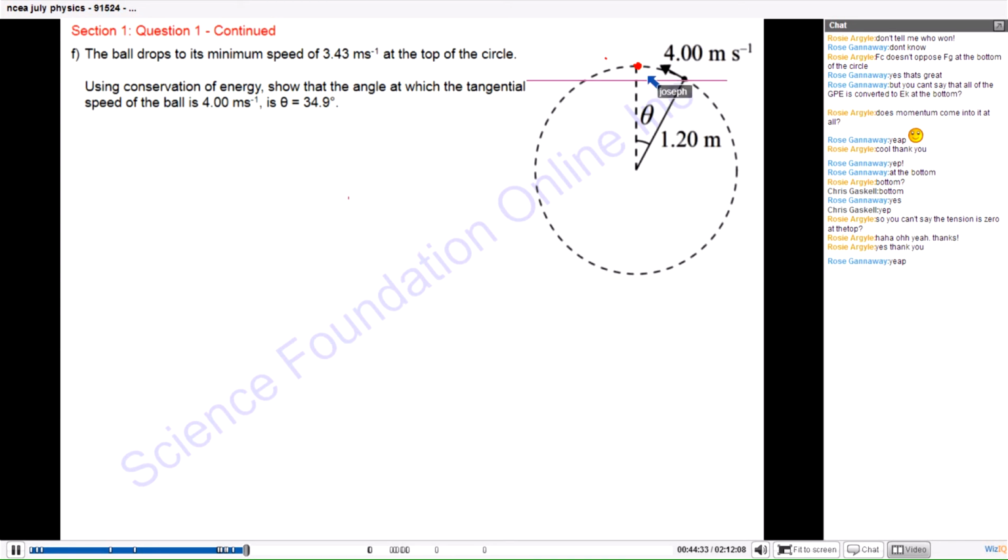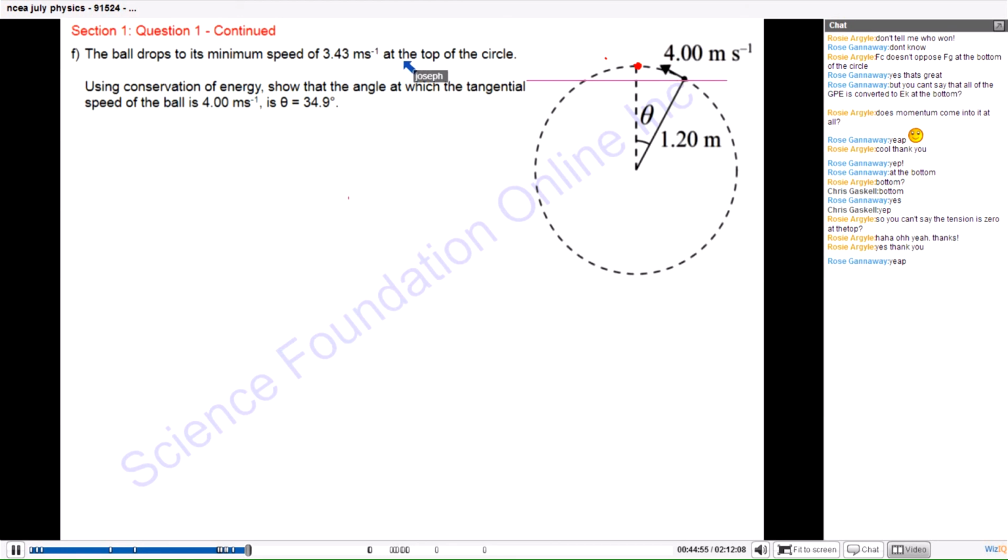So at this point, it has a little bit less gravitational potential energy and therefore a bit more kinetic energy. And that is why the speed at this point here, when it's not at the top, is a higher speed of 4 meters per second as opposed to 3.43 at the top.